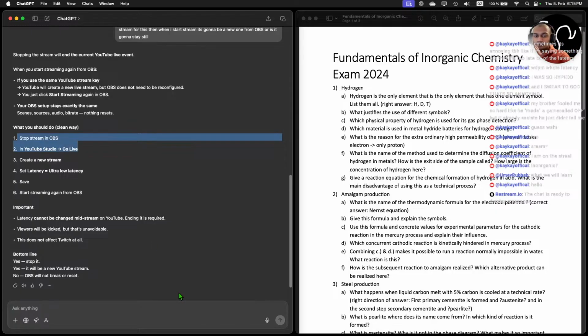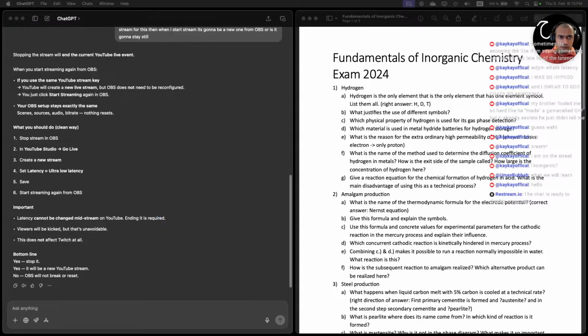So, I was thinking, should I stop the stream and change this latency thing? Use the same YouTube stream key. YouTube will create a new stream, but OBS does not need to be reconfigured. How do I get to the stream key? Let me see.